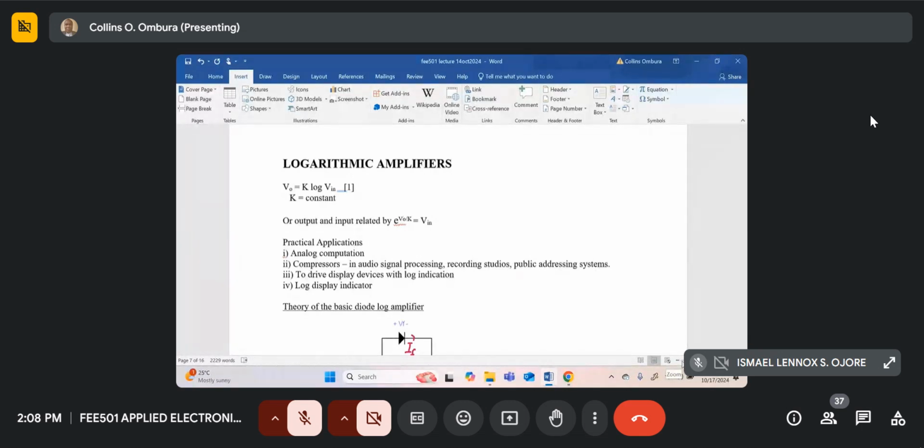The principle is very simple. We convert a slow varying DC voltage to a high frequency signal by pulse amplitude modulation.